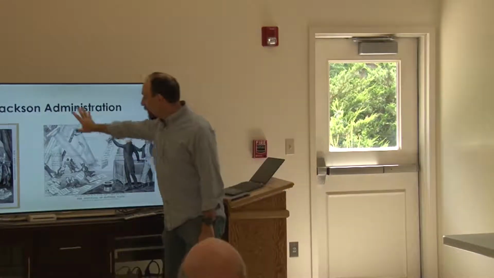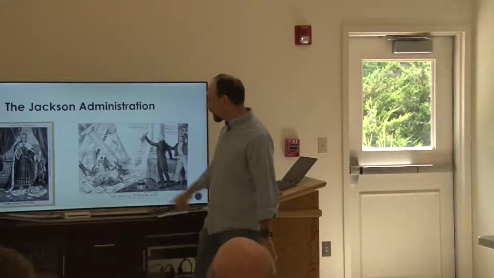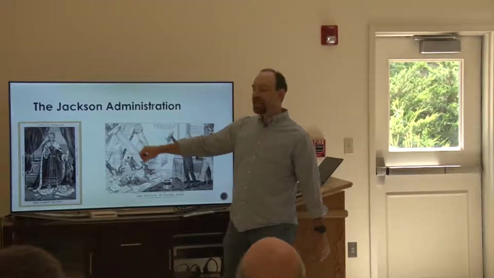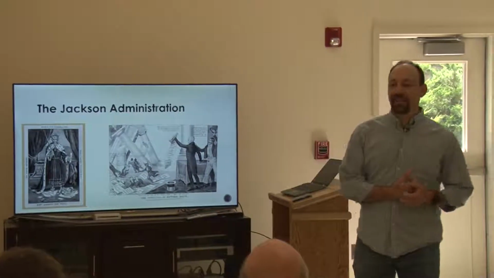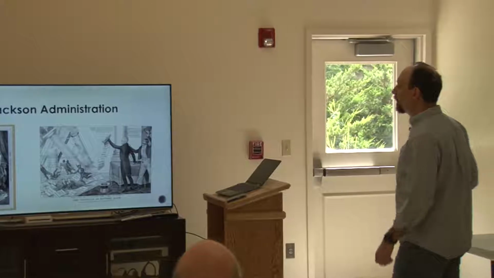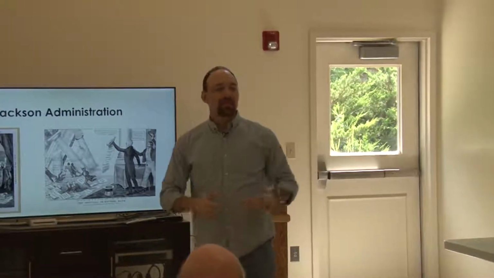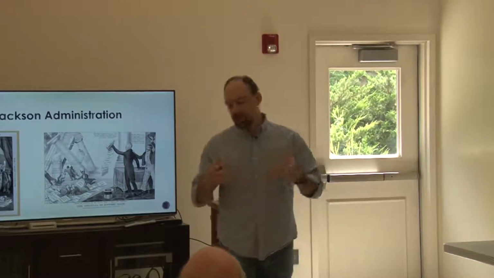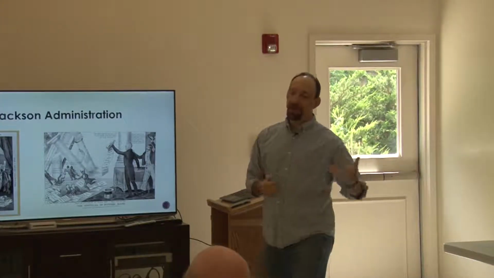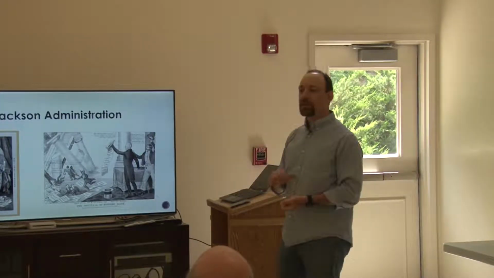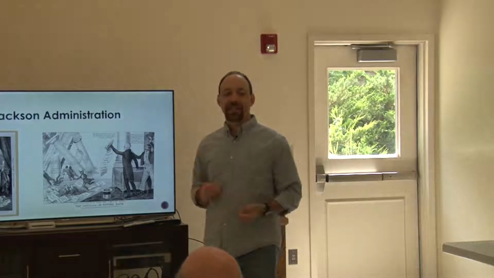And in the background, you have the opponents of Andrew Jackson being crushed by the falling bank, the senators and congressmen who are against him, Nicholas Biddle, the president of the Bank of the United States, depicted like a demon right there, while the entire structure falls down on top of them. So Andrew Jackson is one of those controversial presidents in American history, again with supporters and with opponents. Now Jackson serves two terms as president of the United States.